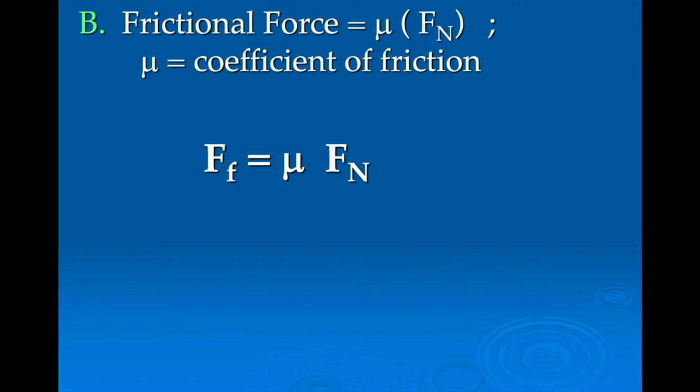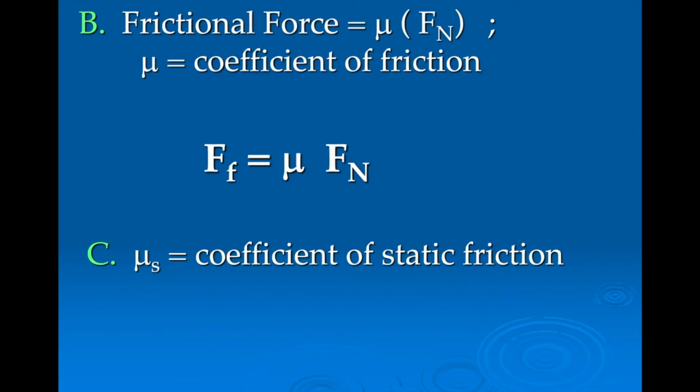Because we have these two types of friction, static and kinetic, the fun equation doesn't change for each of these values of friction. What changes is the coefficient, the constant. So if we're trying to calculate the static force of friction, we would use mu sub s, the coefficient of static friction.